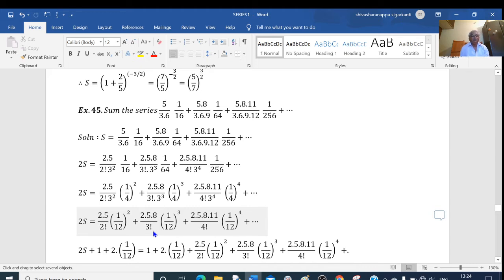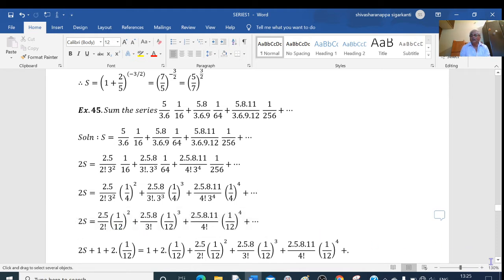That is, I think first term is missing and second term is missing. In binomial series we have first term is 1, plus second term is p into x by q. Third term is p into p plus q divided by 2 factorial into x by q square. So that term is there. Third term is there. First term and second terms are not there.